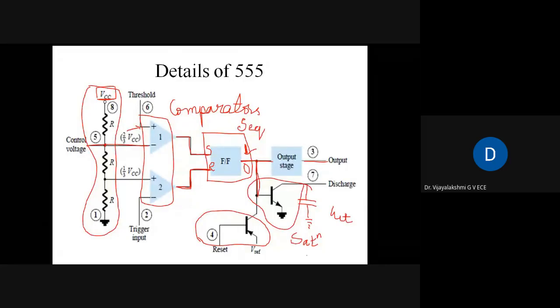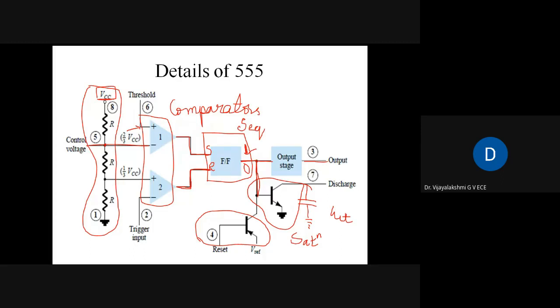Whenever this complete IC has to be reset, we'll give an input to this reset pin so that the whole IC becomes reset. After that, you can start working with this IC.